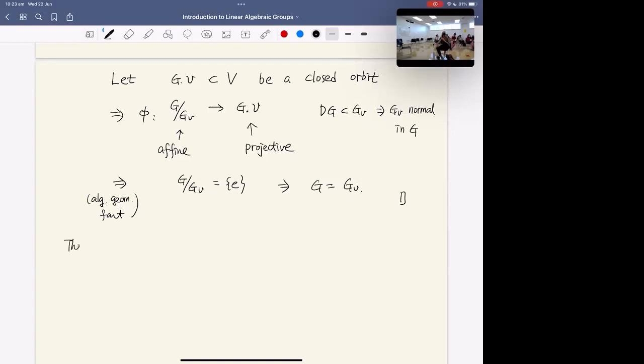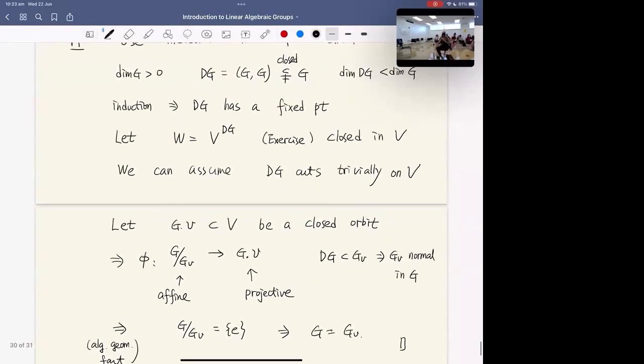Why would we be able to assume that DG acts trivially? So the question is, why can I assume DG acts trivially on V?